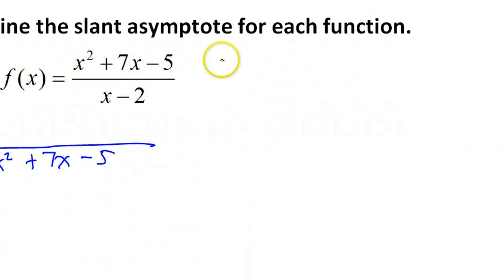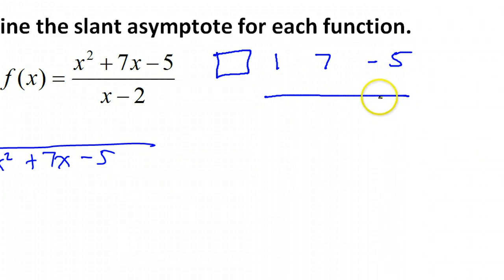Look at these coefficients. We'll need the box, and the coefficients are 1, 7, and -5. So we had a -2, so this is going to be a +2 in the little box here.